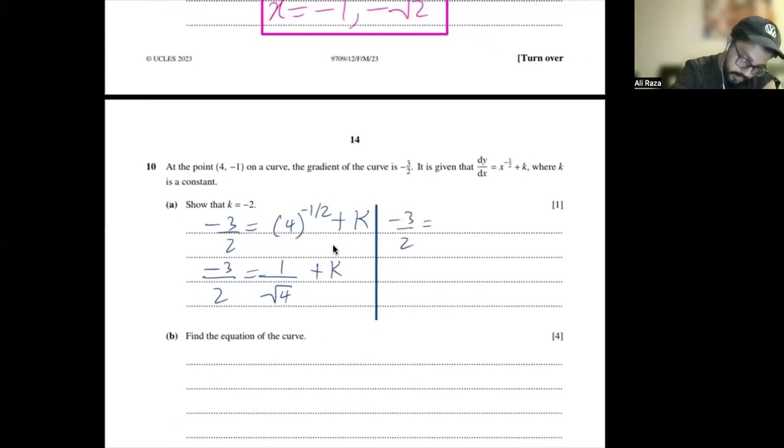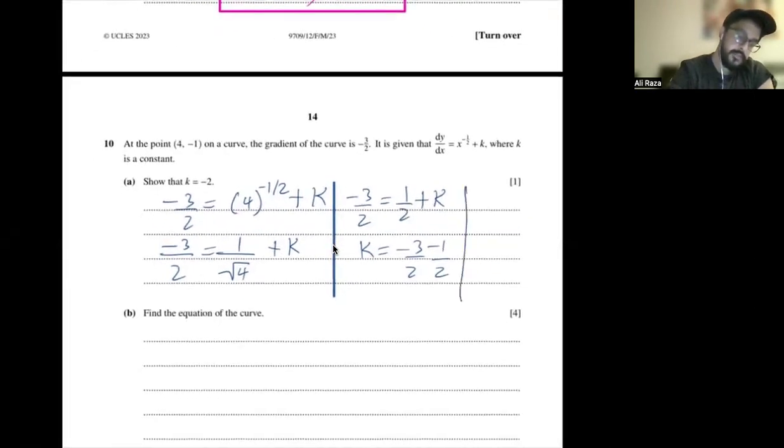Minus 3 over 2 is equal to 1 over 2 plus k. When I take half on the other side, I get minus 3 over 2 minus half. This results in k is equal to minus 2.